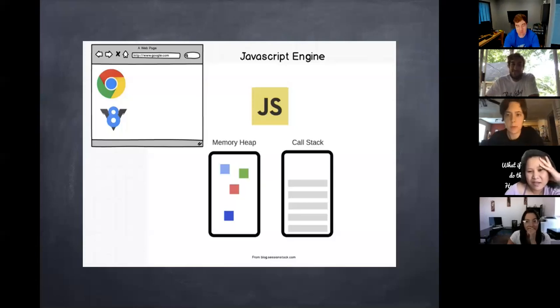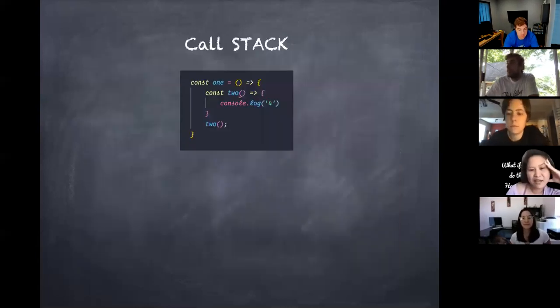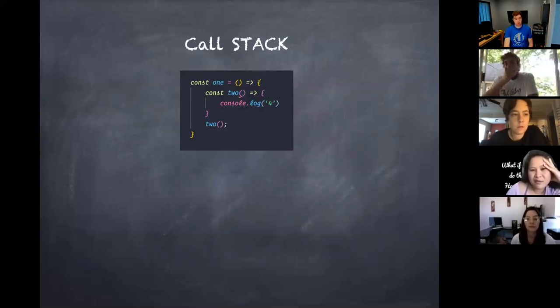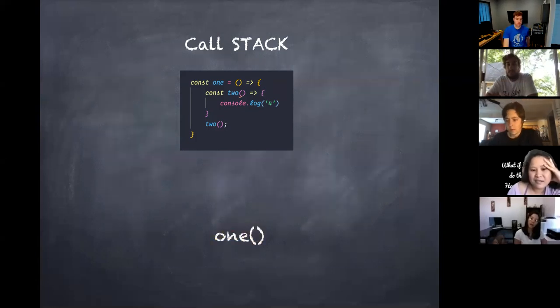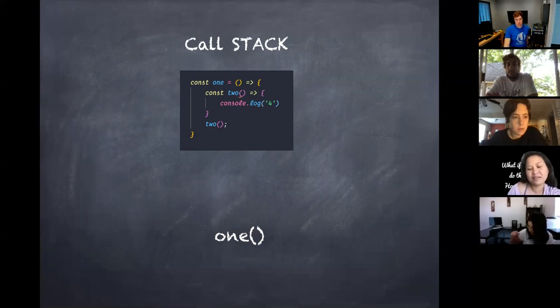And as we can see with the stack, the last item would be the last out. I can demonstrate that right here. For example, if we have a function called constant 1 that's within the function constant 2, and then constant 2 logs the 4. The way it goes into the stack is this. The system reads function 1, so it goes into the stack.